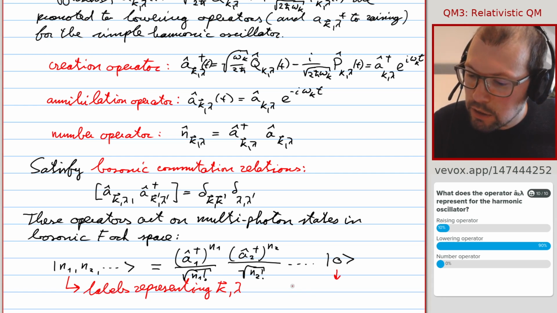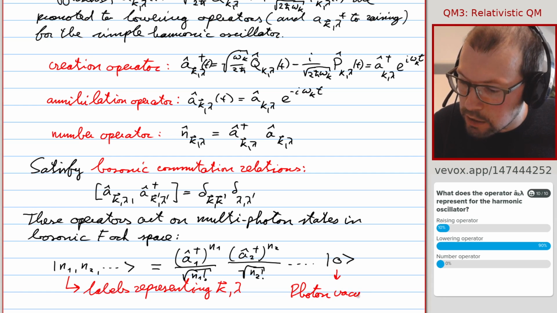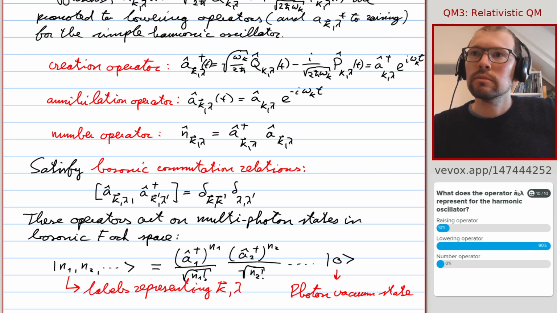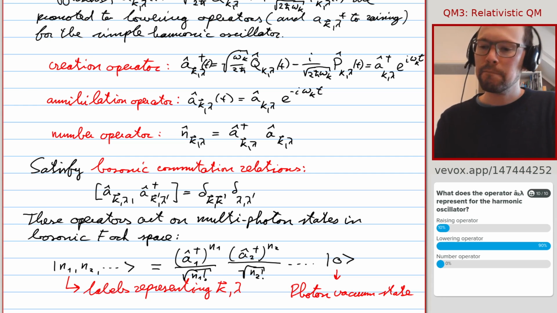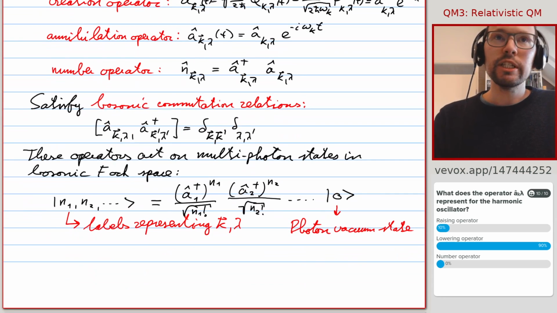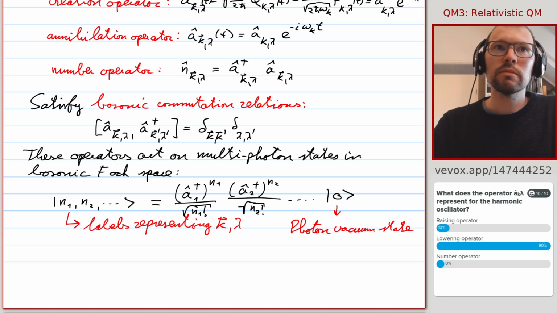So this is the photon vacuum state. This will be the arena in which the quantized free electromagnetic field lives.